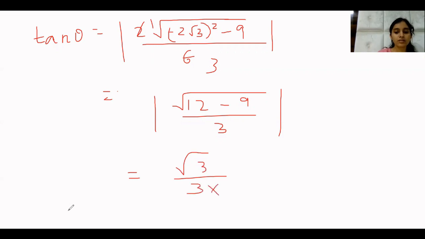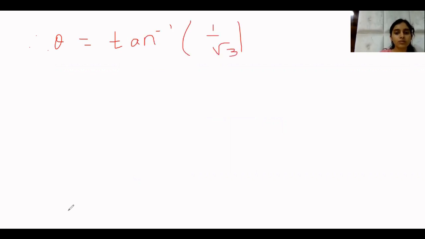Rationalize this, so this will cancel out and we'll get 1 upon root 3. Therefore theta is equal to tan inverse of 1 upon root 3. What is tan inverse of 1 upon root 3? It is tan of 30. So theta is 30 degrees, the angle between the lines.